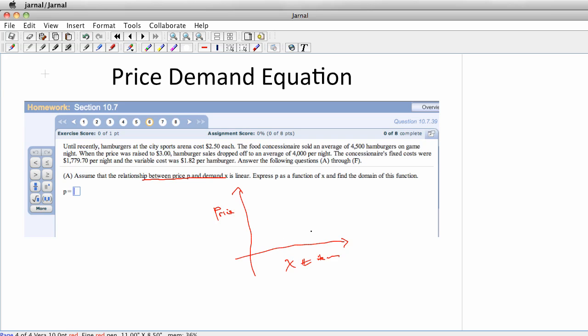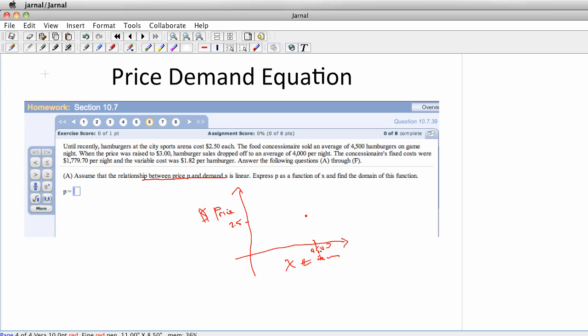So what are we told? Well, we're told that when we sell 4,500 per night, so that sales level of 4,500 per night, that's how much we sell when we charge $2.50. So $2.50 would be our price that we're charging, right? This is dollars. And so this point gives us a point on the price-demand curve. The idea of the price-demand curve is that we believe that the price you charge influences the number that you'll sell.